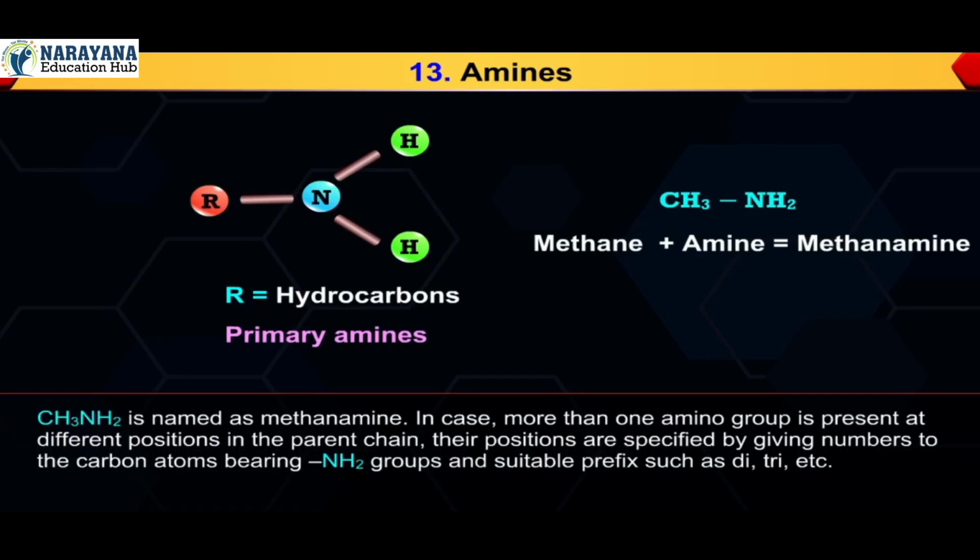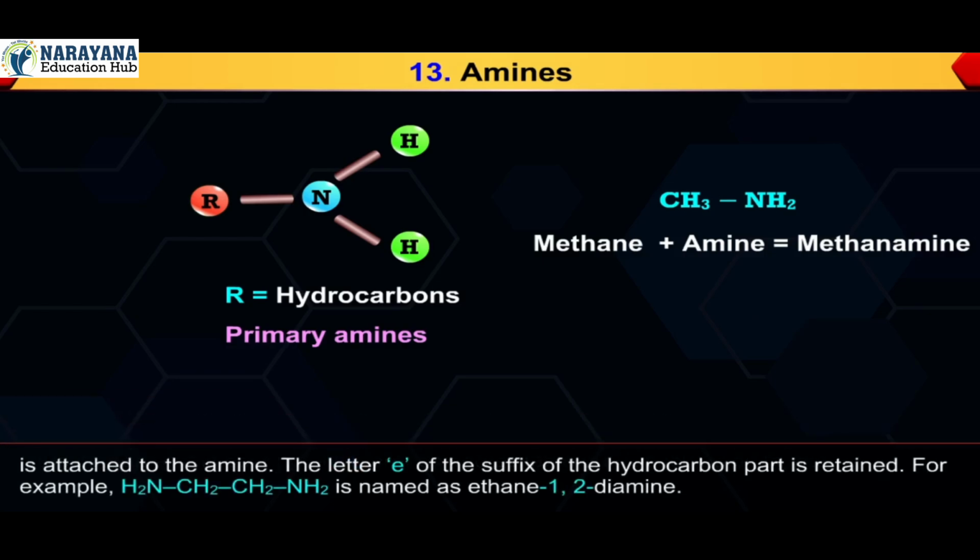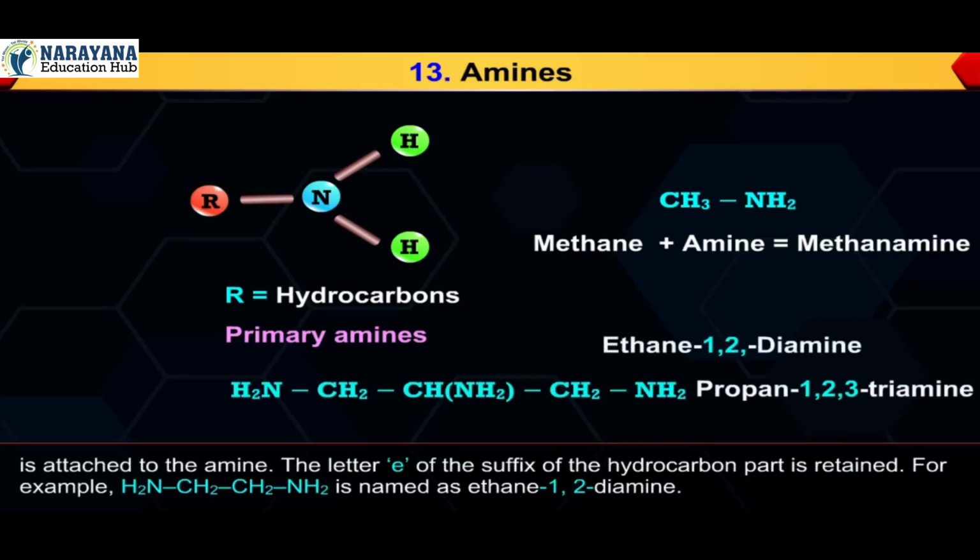In case more than one amino group is present at different positions in the parent chain, their positions are specified by giving numbers to the carbon atoms bearing NH2 groups and suitable prefix such as di, tri, etc. is attached to the amine. The letter e of the suffix of the hydrocarbon part is retained. For example, NH2CH2CH2NH2 is named as ethane-1,2-diamine.